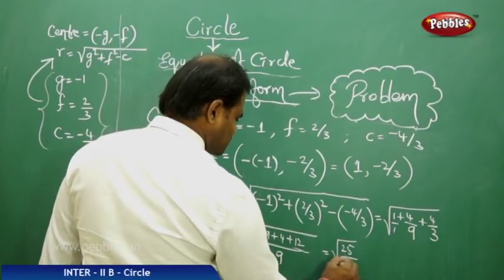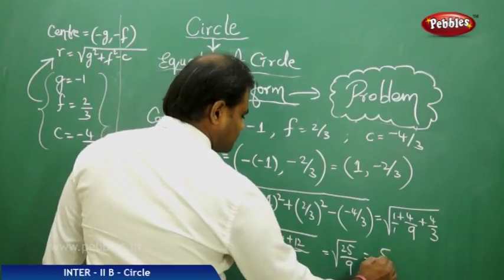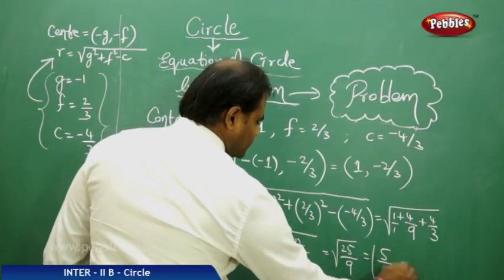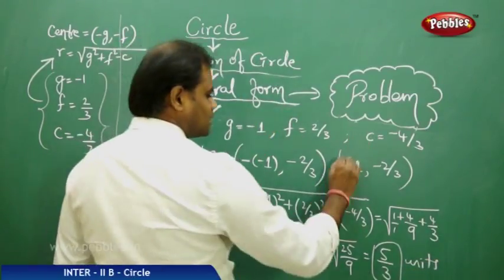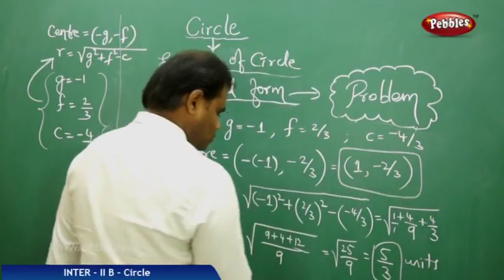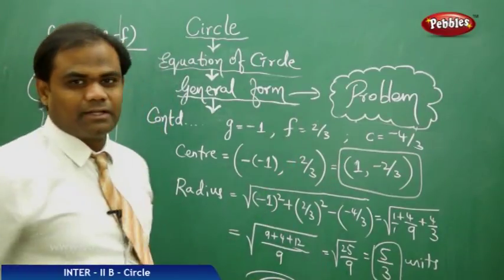So this comes as root of 25/9, which is 5/3. That is the radius, and (1, -2/3) is the center.